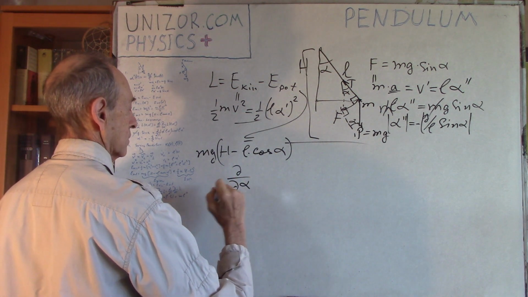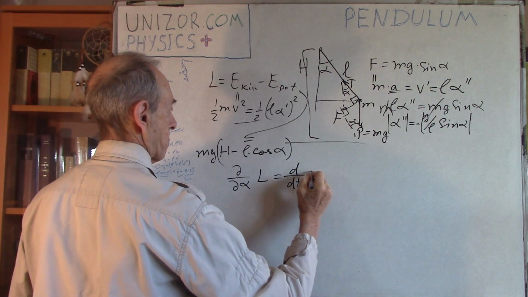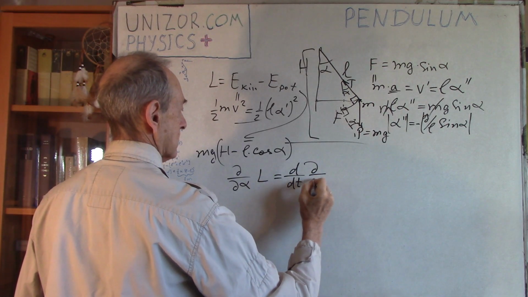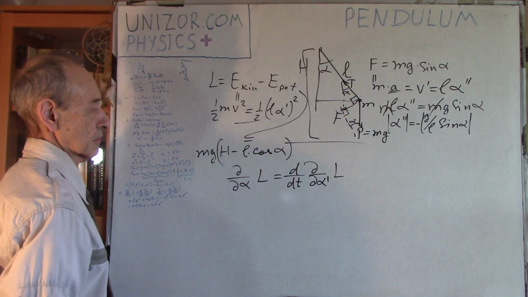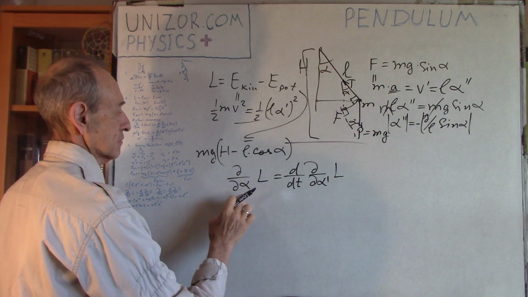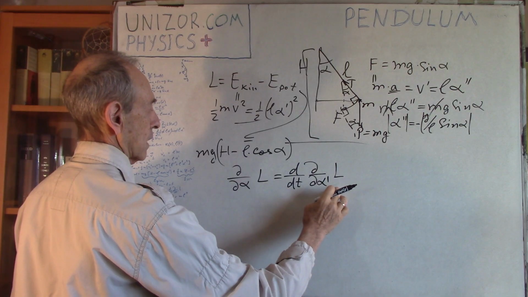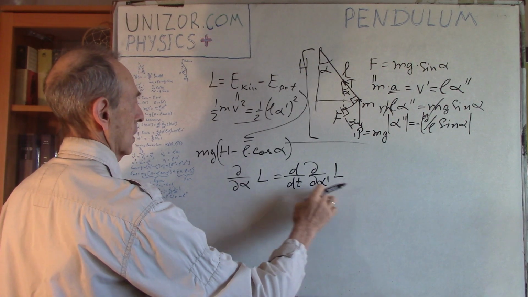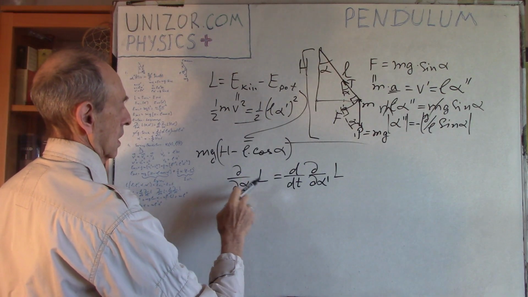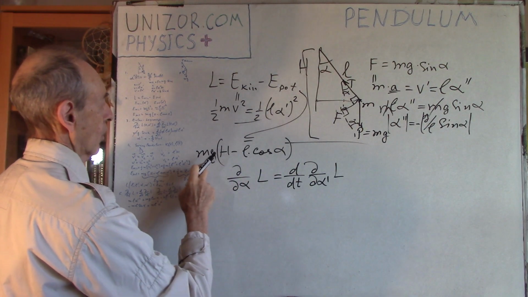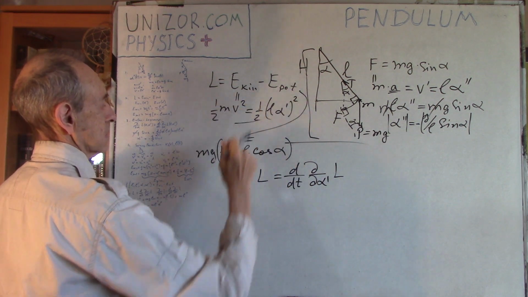So this would be the Euler-Lagrange equation: the partial derivative by alpha is equal to the time derivative of the partial derivative by alpha prime. Okay, so what's interesting is alpha is only in the potential energy and alpha prime only in kinetic energy.